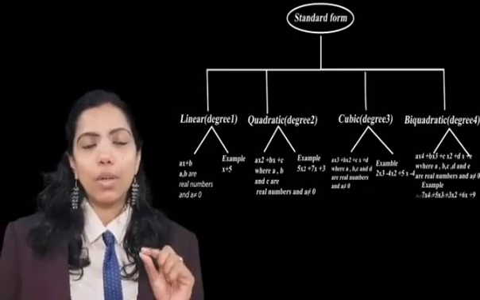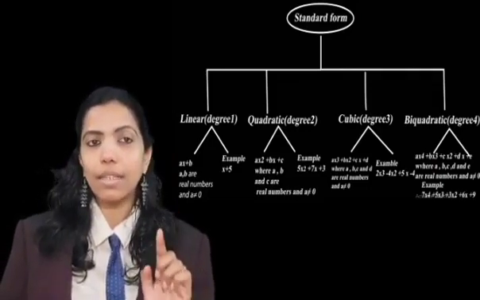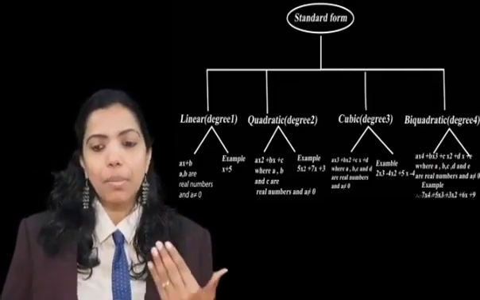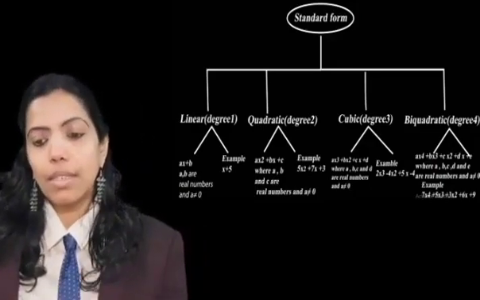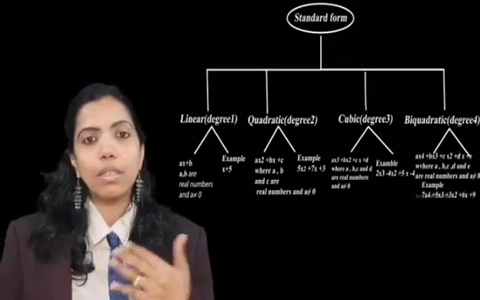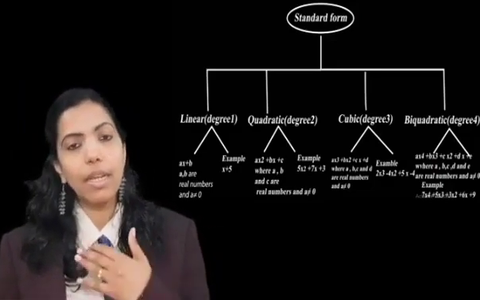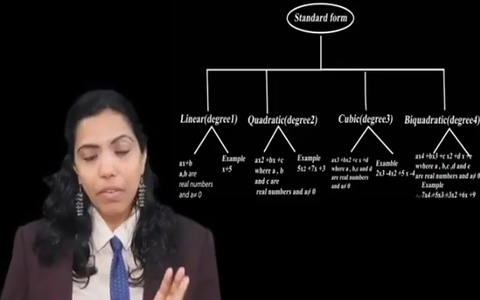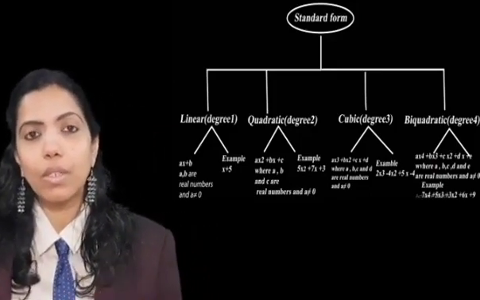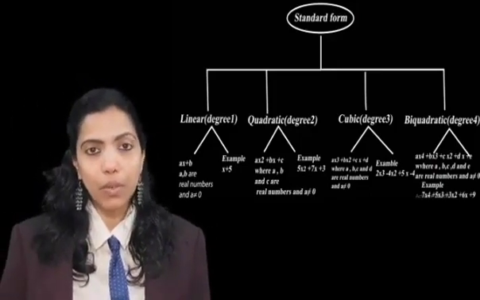Here the coefficient of x square, the leading term, is 5. If I give the value 0 for a, the term 0x square becomes 0 and we get a linear polynomial. So the condition is compulsory. It is mandatory to put a not equal to 0 in the standard form of the quadratic.